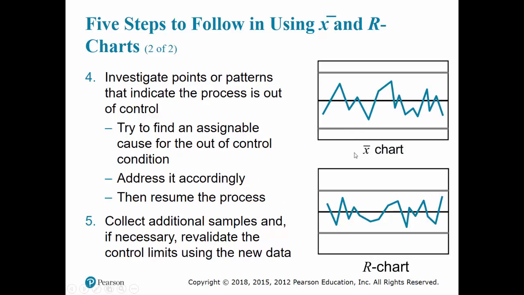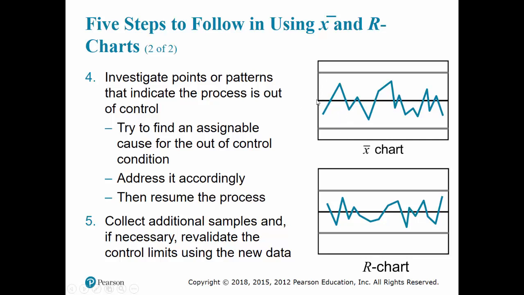So here is a chart of X bar and R chart. Each of them will have 4 lines. So you have the lower control limit and the upper control limit. And then at the middle, you have the X double bar.